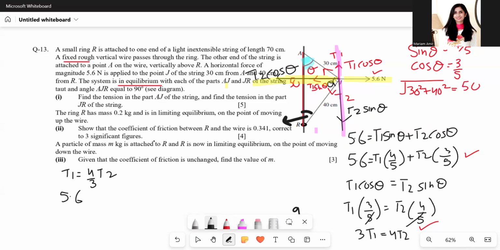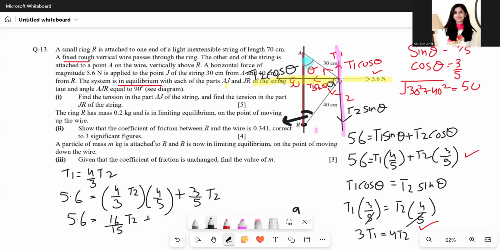So 5.6 equals, instead of T1, I'm writing 4 by 3 T2 times 4 by 5 plus 3 by 5 T2. So I get 5.6 equals 16 over 15 T2 plus 3 by 5 T2.